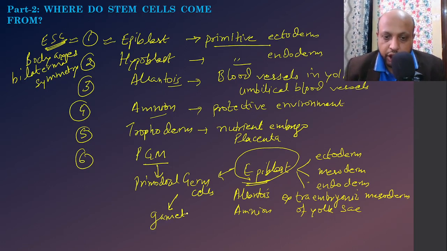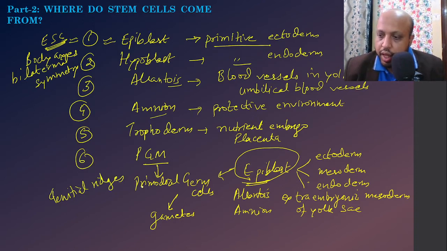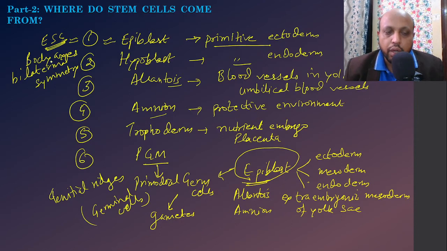They make the genital ridges, and one can also derive germinal cells, and these germinal cells are also one of the sources of stem cells.